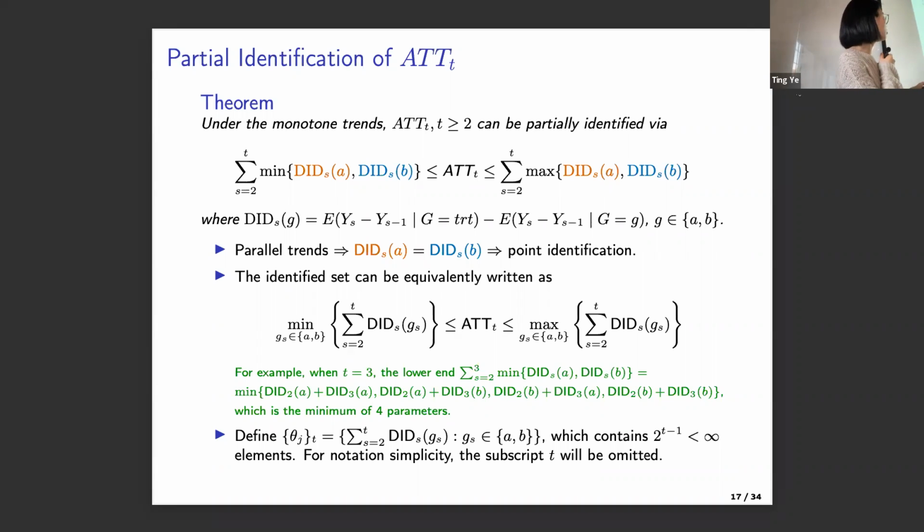DID 2a is a parameter, which is the difference in differences in expectation. Then we just use the sample version of this difference in differences, which will estimate DID 2a plus DID 3a. So we assume these y's are IID essentially.